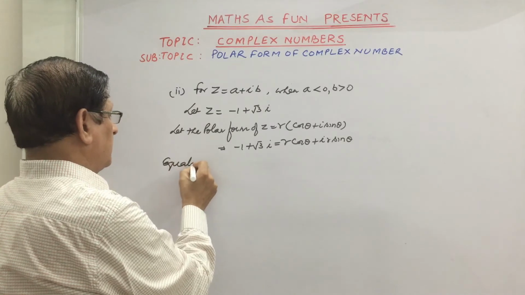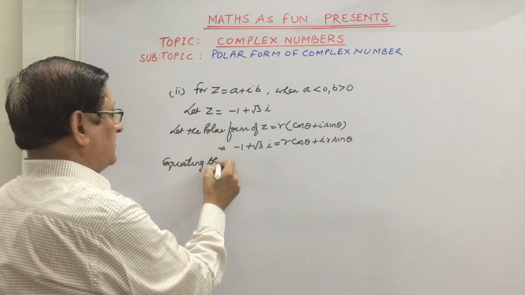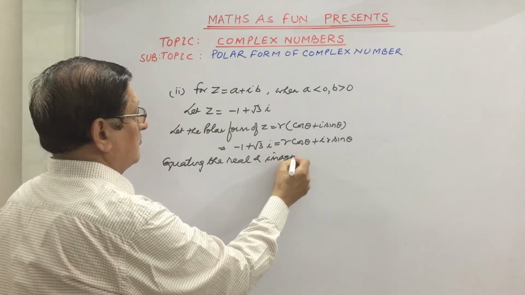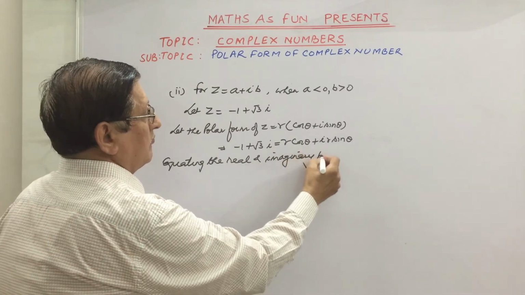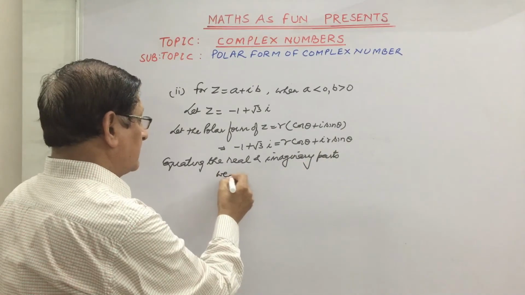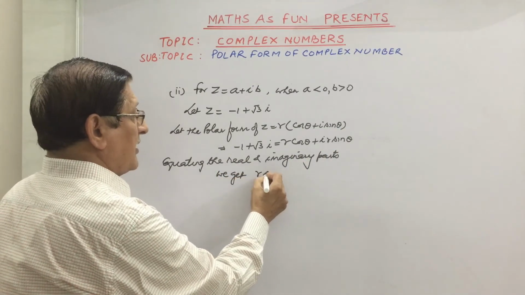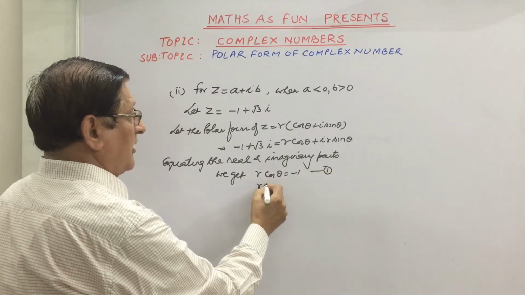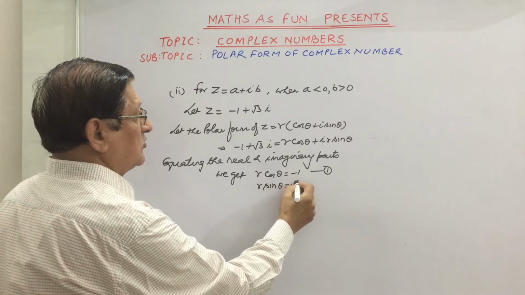Equating the real and imaginary parts, we get r cos theta is equal to minus 1 and r sin theta is equal to root 3.